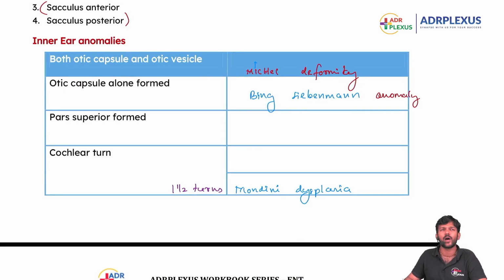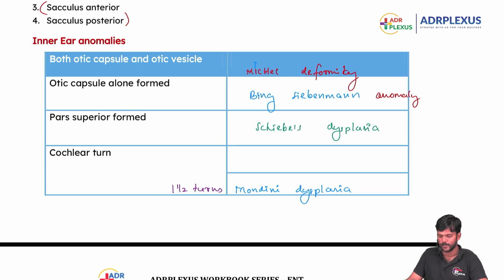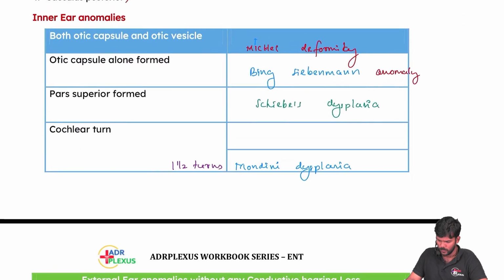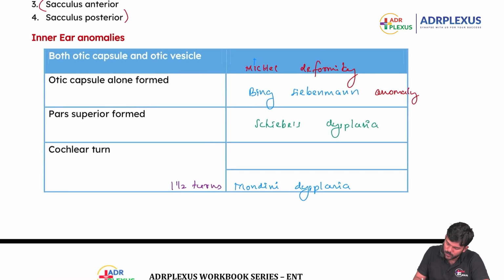Then pars superior formed, pars inferior not formed, it is called Scheibe's dysplasia. Cochlear turn: not 1.5 turns, no turns.